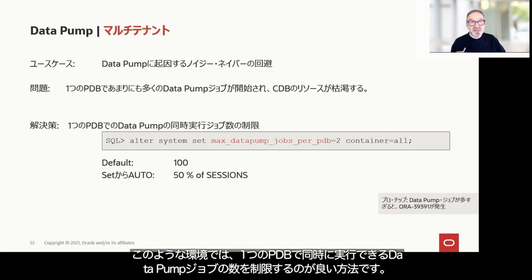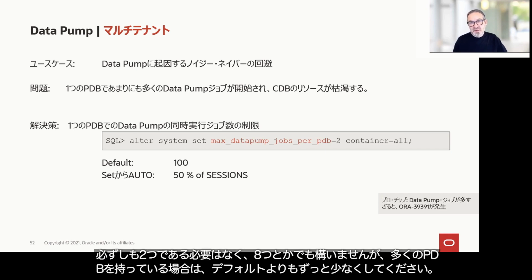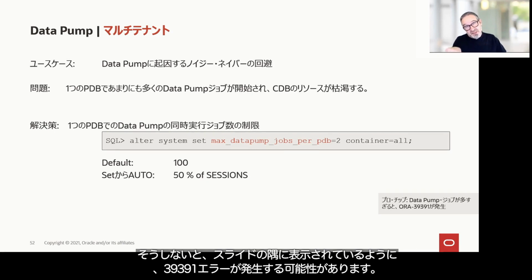So in case of such environments, it's a good best practice to limit the number of concurrent Data Pump jobs in a PDB. It doesn't have to be 2 necessarily. It could be 8 or something like that, but much less than the default if you have a lot of PDBs. Otherwise, as you see in the corner of the slide, you may receive this 93939 error.